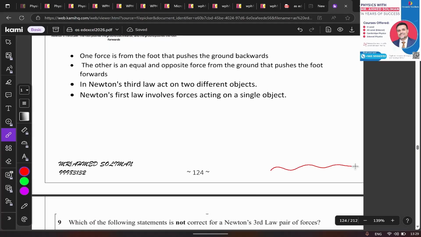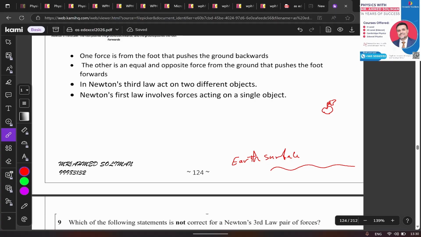Now, if this is the Earth's surface, and we have an apple, what happens to this apple? It will fall, right?